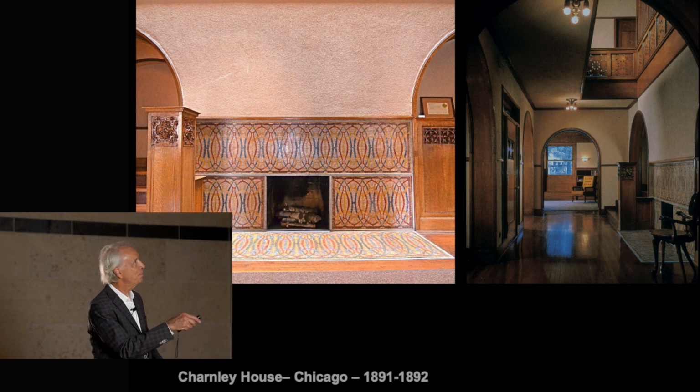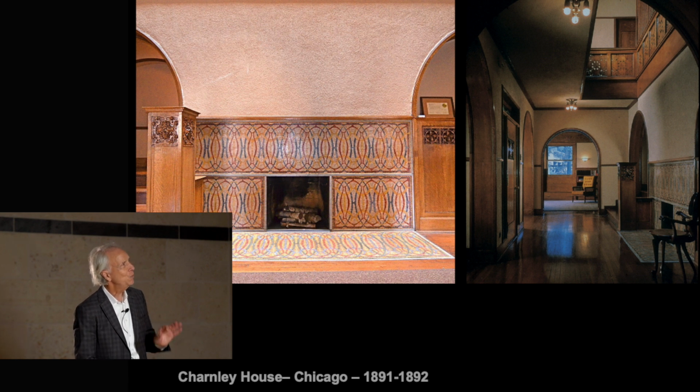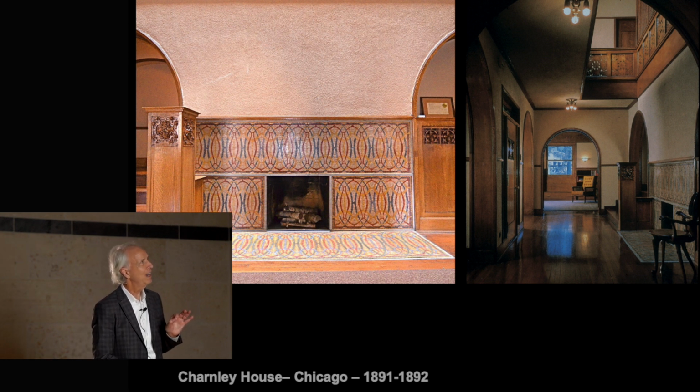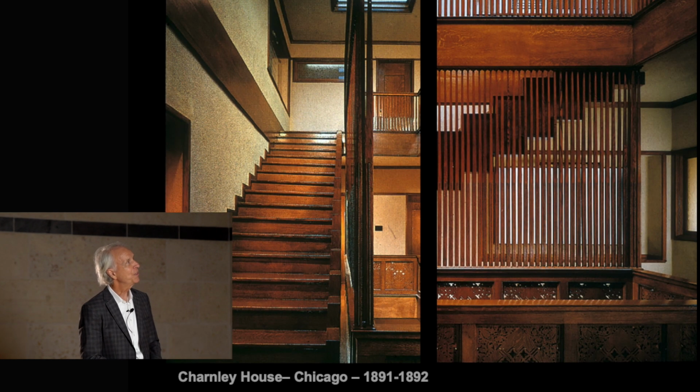There certainly is pattern in these balustrades, which are really beautifully crafted, sawn pieces of wood. The molding is all very thin, very light through the whole thing. This beautiful stairwell with the slats of wood.